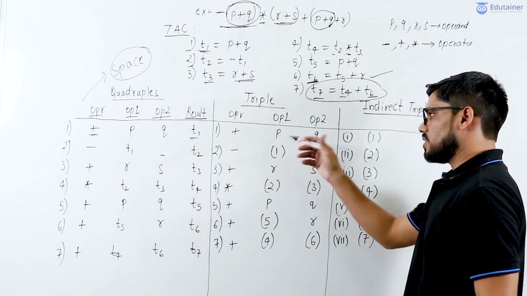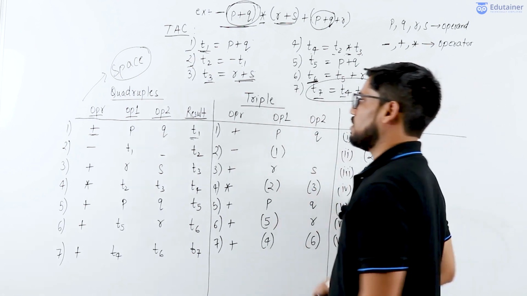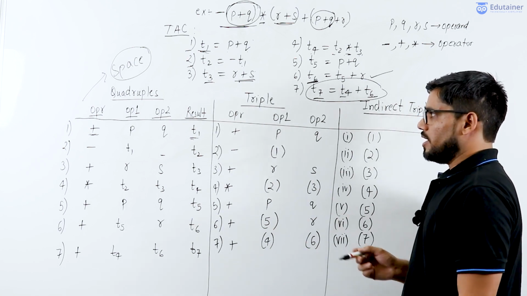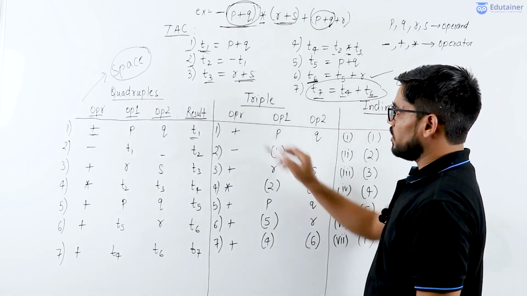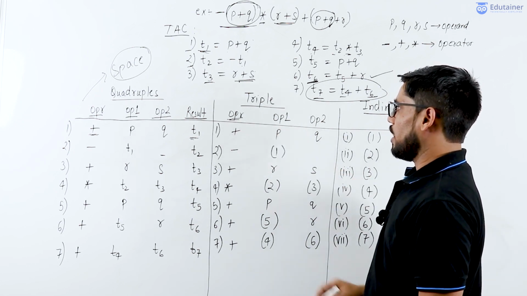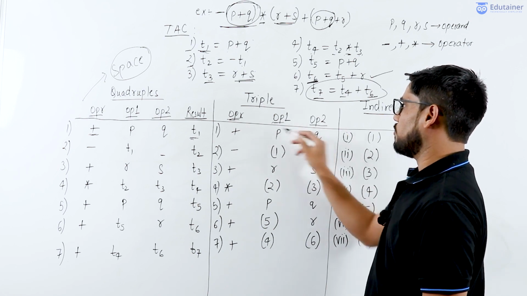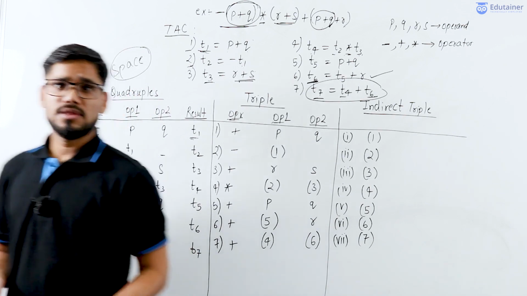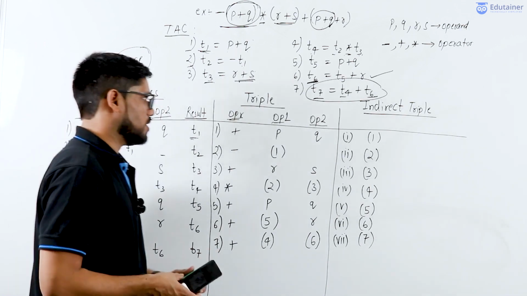Okay, let's see the triple. The second representation of three address code is triple. In triple, we use only 3 memory locations. One is used for the operator and the other 2 are used for operand 1 and operand 2. So what about the result? The result is not used in triples.